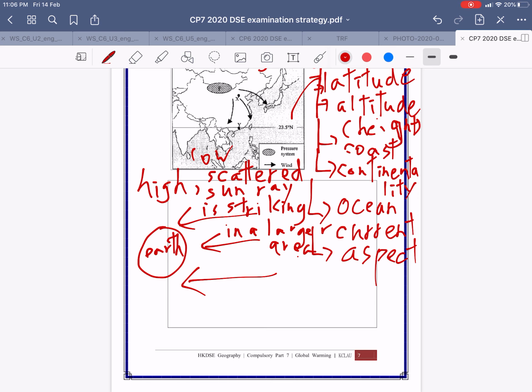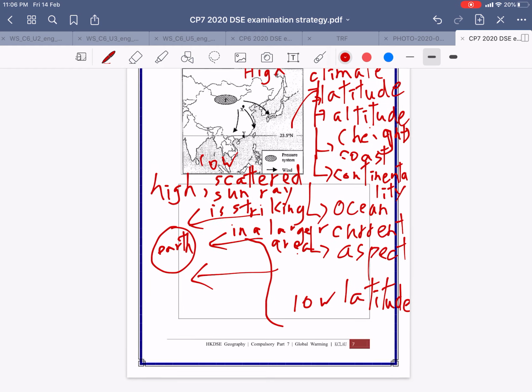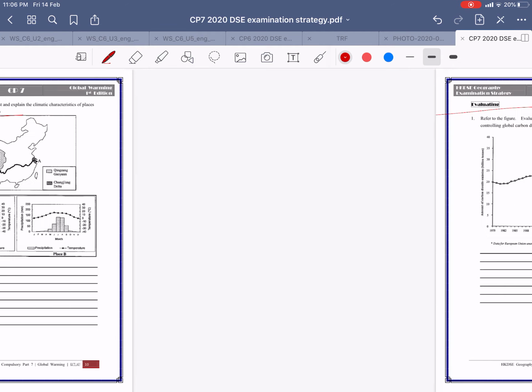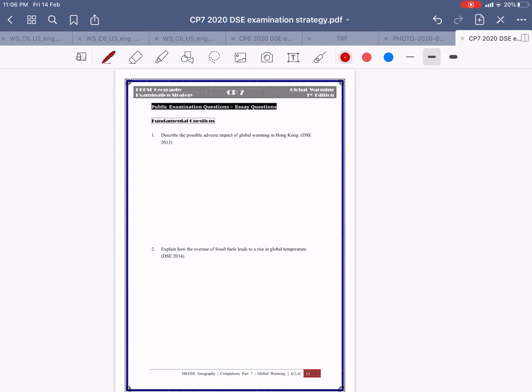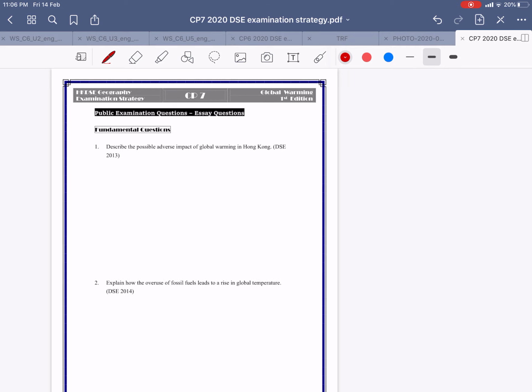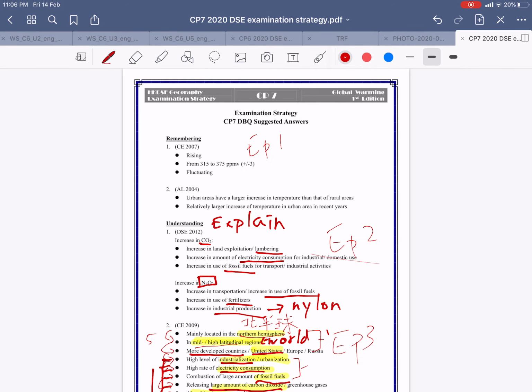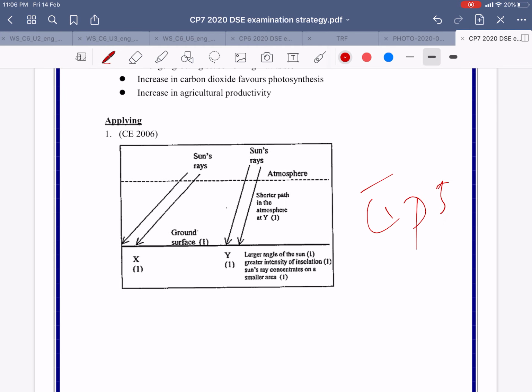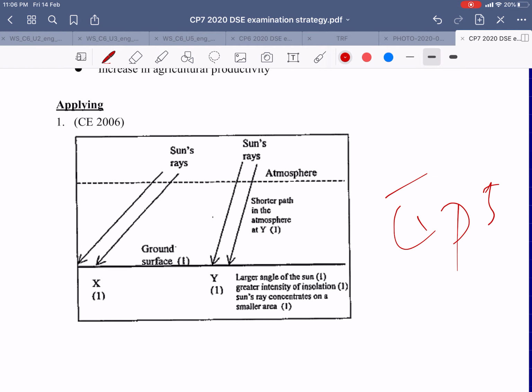How about the low latitude? Low latitude is vice versa. But Mr. Leung's drawing is a bit lousy, so I'd better show you the answer instead. Please bear in mind this diagram, because I think it's one of the things that the DSE will ask.